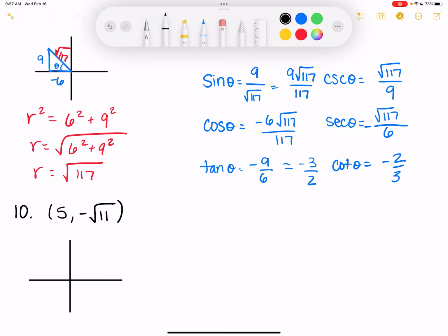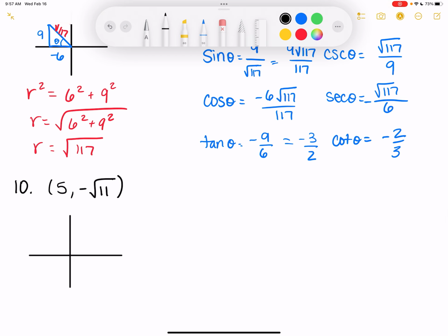Quadrant 4. So it's going to be down in here. So my theta is there. So x is 5. Y is negative square root of 11.